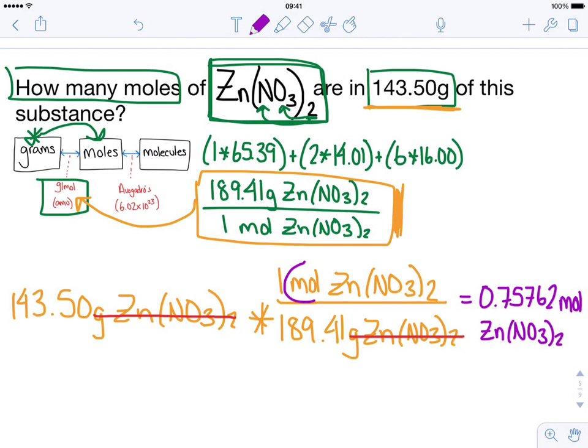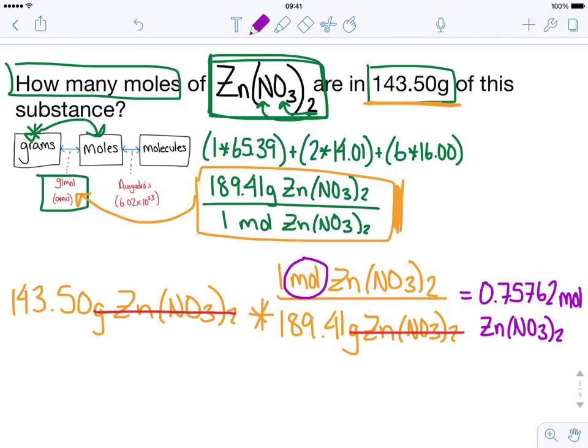Because mole is the units that we're left with in this conversion factor. And in this number, we have 1, 2, 3, 4, 5 significant figures, so our final answer also needs to have 5 significant figures. So this is a question of how to convert grams into moles.